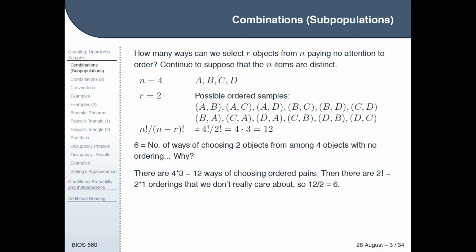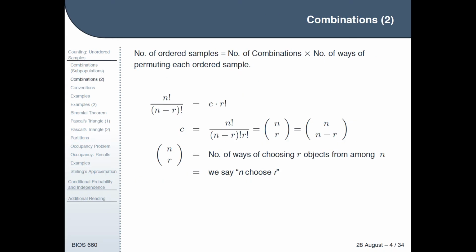So in general, there are 12 possible ways of choosing ordered pairs, and for each of these ordered pairs, there are 2 factorial possible orderings, or just 2 in this case, that we don't care about. So the number of unordered pairs is just going to be 12 divided by 2, which of course is equal to 6. If you've had a probability or combinatorics class in the past, you've probably seen this formula before.